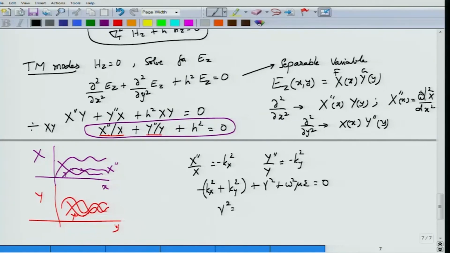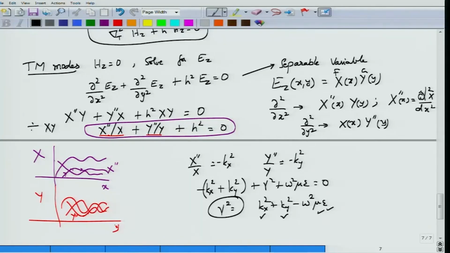I need to push this one out, so gamma squared would be kx² plus ky² minus omega squared mu epsilon. So if I know epsilon, if I know mu, and if I find kx and ky, then I can find out what gamma is.